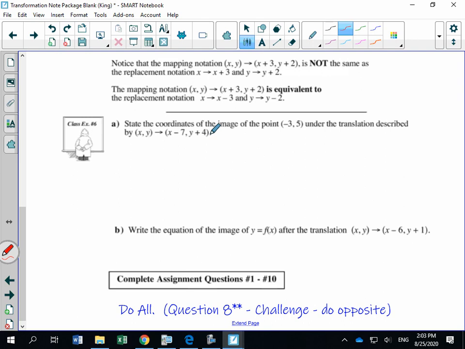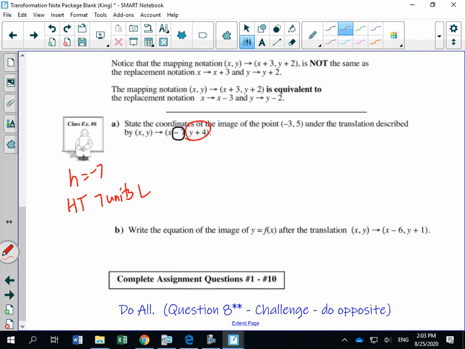A few things we need to see: this is our H value. H is equal to -7, and that is a horizontal translation, 7 units left. That's our K value.